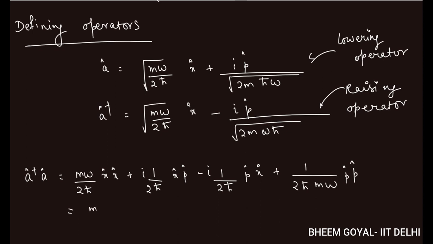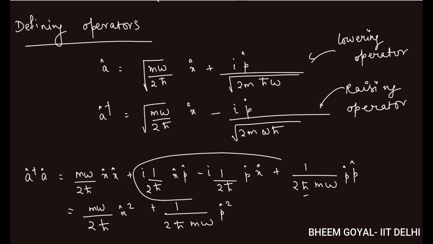This will be equal to m omega over 2h bar x squared plus 1 upon 2h bar m omega p squared, and these two terms combined I can write as plus iota over 2h bar commutator of x and p.